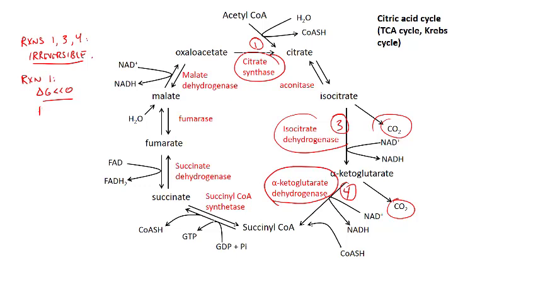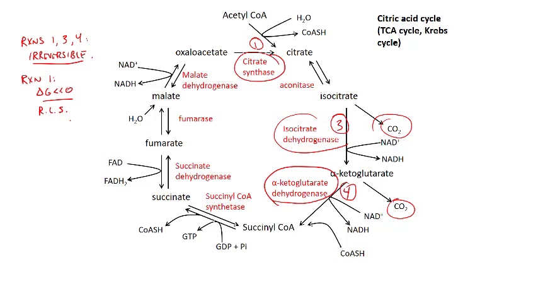It's also the rate-limiting step of the citric acid cycle because it's the slowest reaction. By the way, the slowest reaction doesn't necessarily mean that it's going to be extremely favorable or irreversible. But in this case, citrate synthase, reaction 1, is very favorable and also happens to be the slowest reaction of the whole cycle.